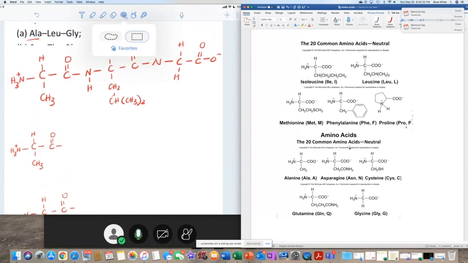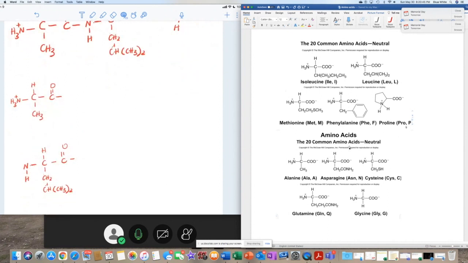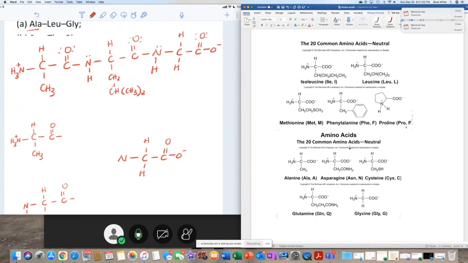And then I'll find my third one. Okay, I'll draw it to the right. Okay, hold on. Lone pair, lone pair, lone pair. I have not been drawing my lone pairs, y'all. Imagine they're there, right?